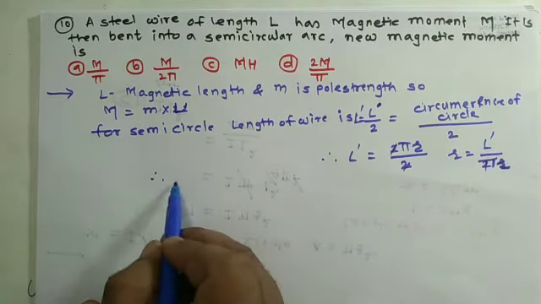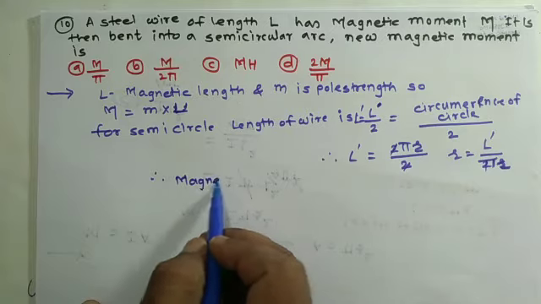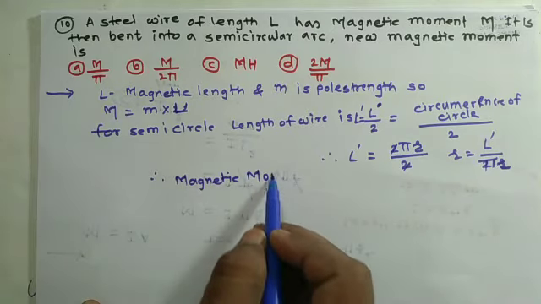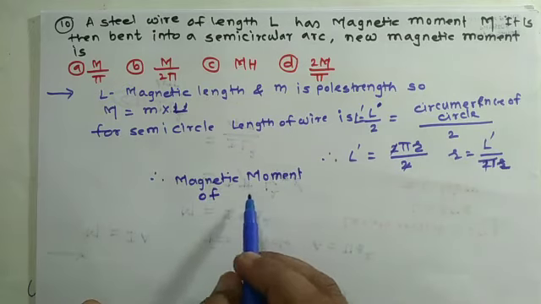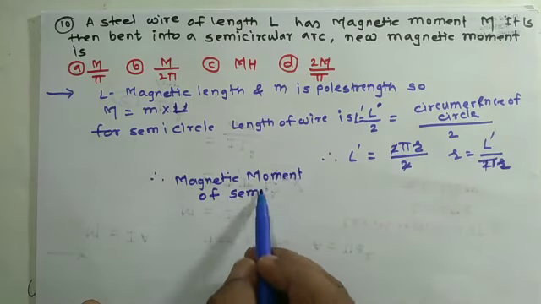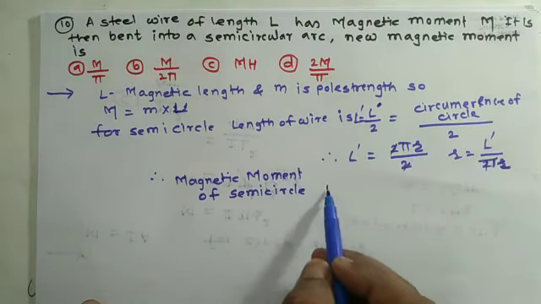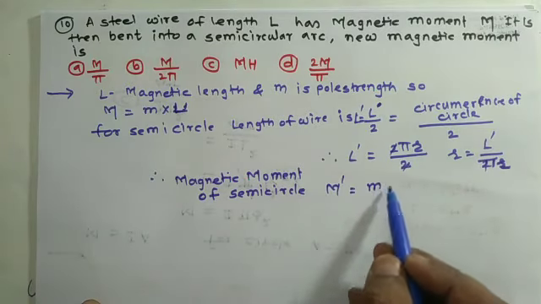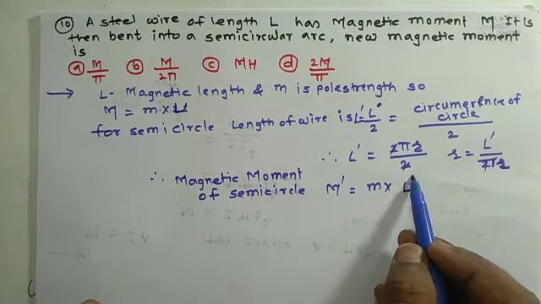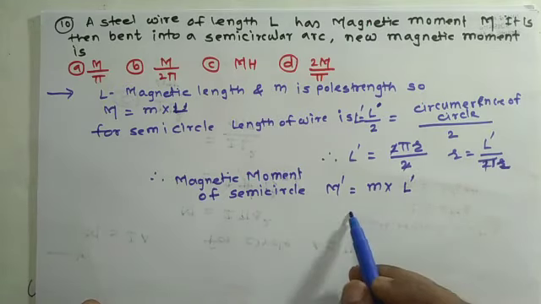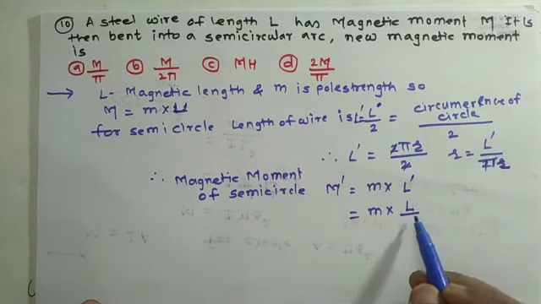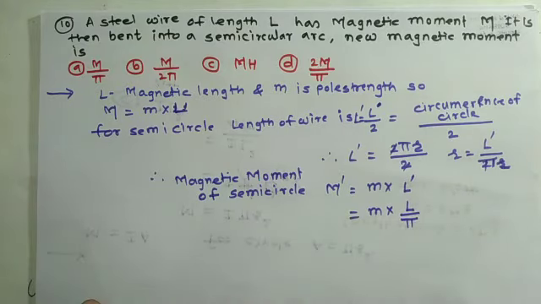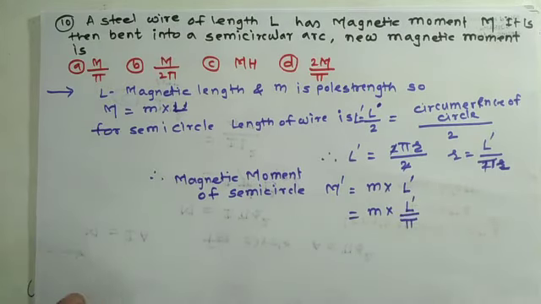So therefore the magnetic moment of the semicircle, M dash, is equal to M multiplied by L dash. So M multiplied by L upon pi, or L dash upon pi.